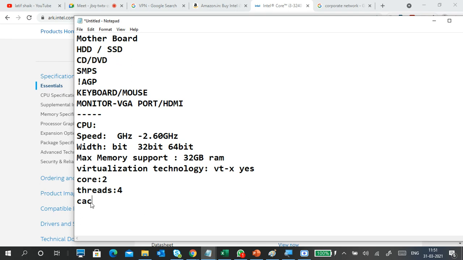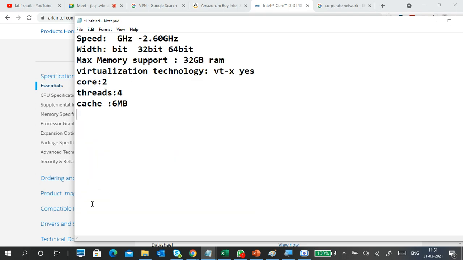Cache memory, the very important one. How much cache memory is there? For example, 6 MB. L1, L3 cache memory, generally L3 cache memory. The cache memory is important. And graphic memory: how much graphic memory does the processor have?